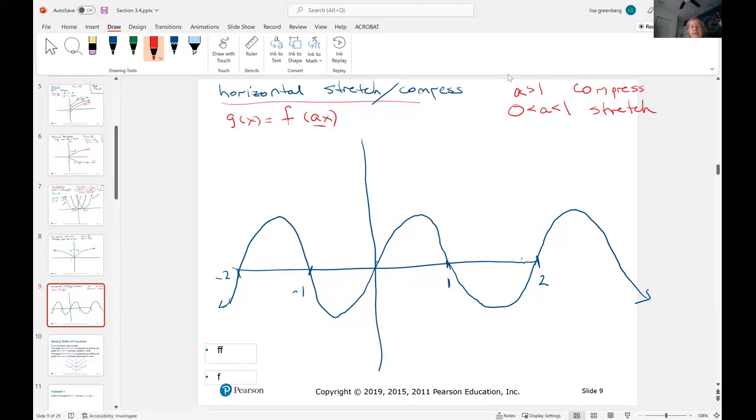it's compressing because, if I say this is f of x, let's just call it f of x, and I want to graph g of x, which I'm going to say is equal to f of 2 times x, so now it's going to compress.